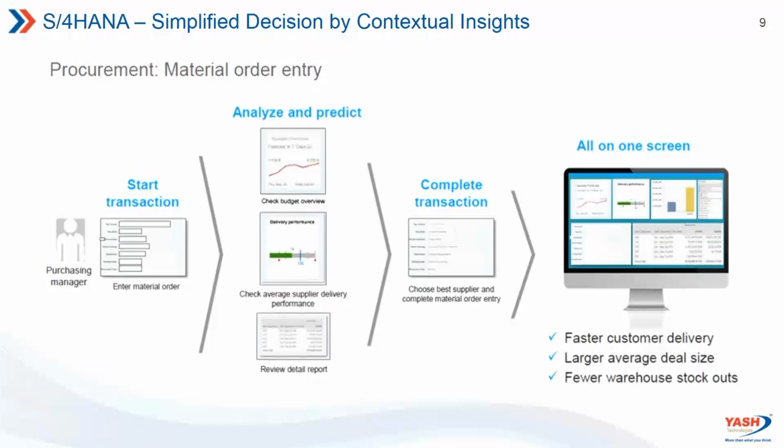Cutting back to this, for example, let us take a complete material order entry. People have to start some transactions and then use some reports generated out of the BW systems or other reports. They look at a lot of those things, use their past experience, then predict, and then go ahead and choose the transaction, for example, in 3 steps. Compare that to seeing everything on one screen, seeing the analysis there, and also getting a recommendation from the system saying, hey, this is possibly better than this.